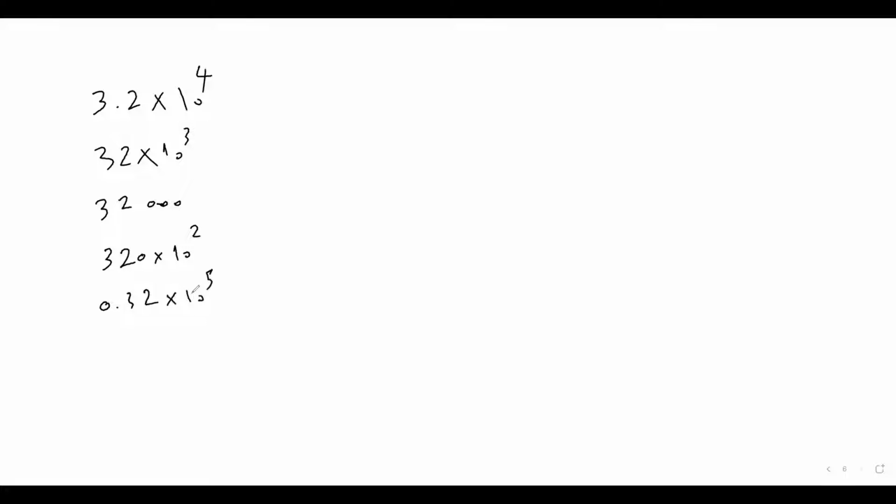So we have 3.2 times 10 to the power of 4, and then we have 32 times 10 to the power of 3, and then we have 320 times 10 to the power of 2, or we have 0.32 times 10 to the power of 5.